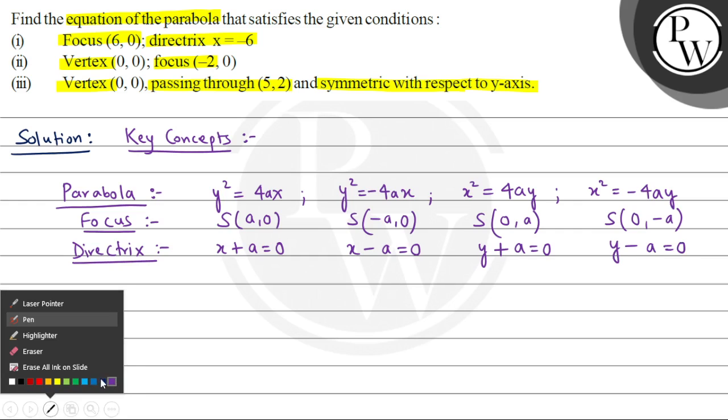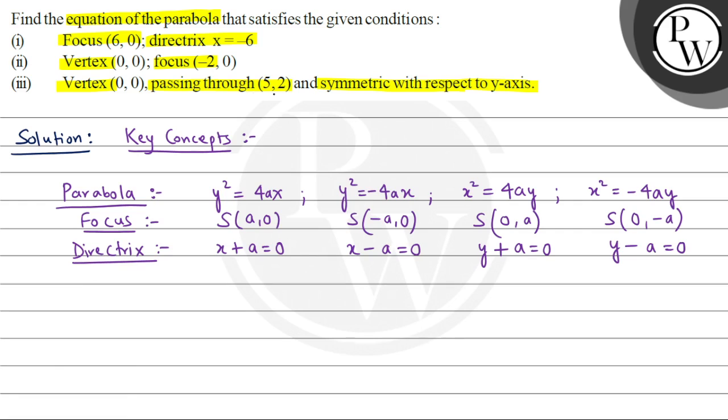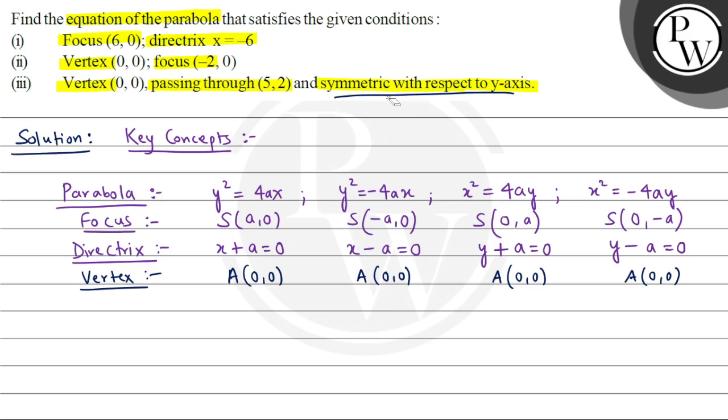Right? Now the vertex for each of them will be the same, because for standard parabolas the vertex is 0 comma 0, that is the origin. And finally we have the axis of symmetry.